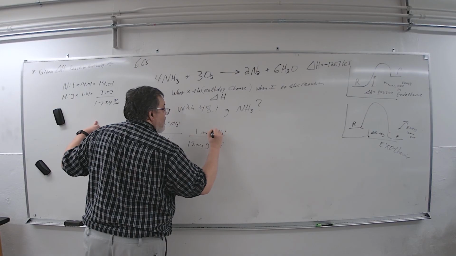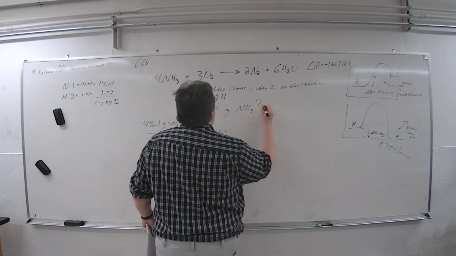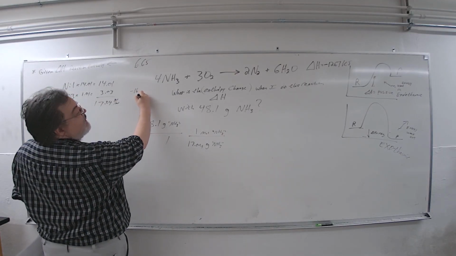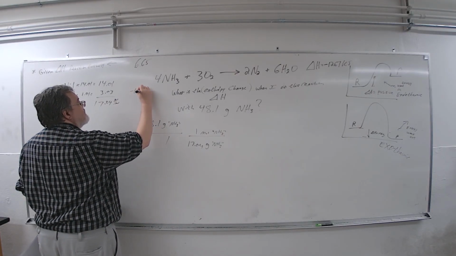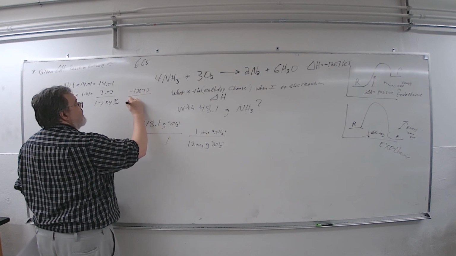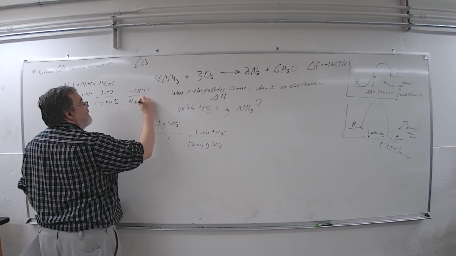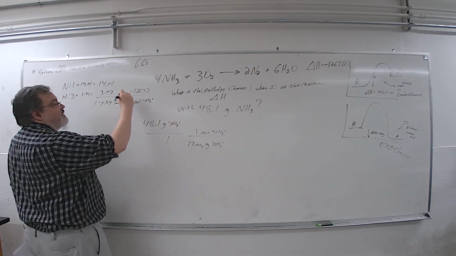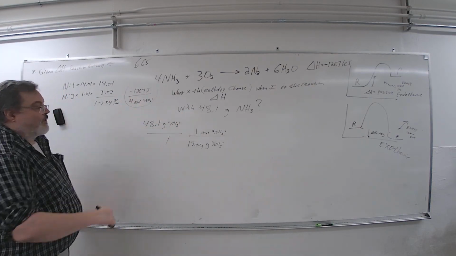And now I'm going to use this relationship. Negative 1267 joules to 4 moles of NH3. NH3 is what we're talking about here, so that's the relationship among the four that I need.